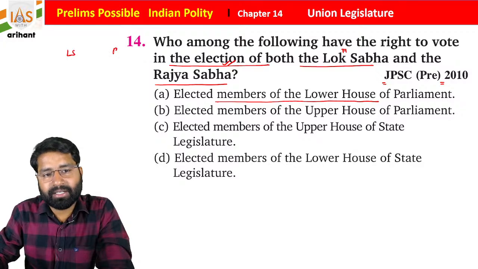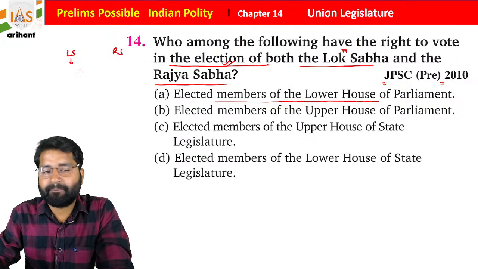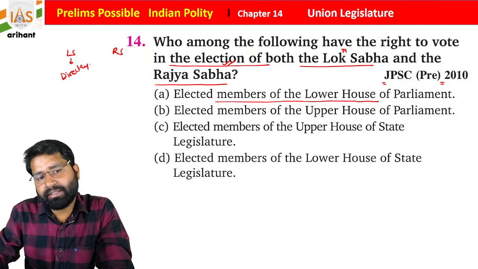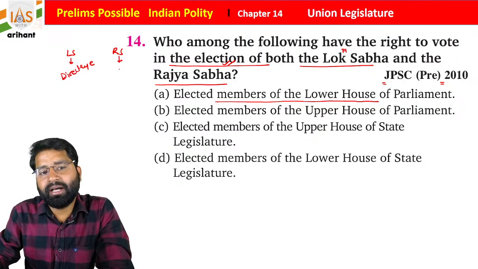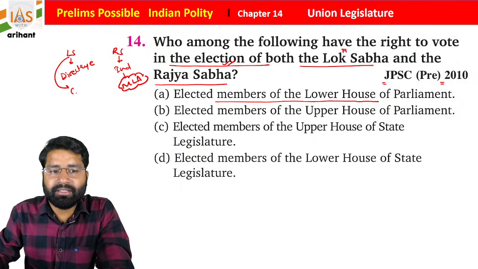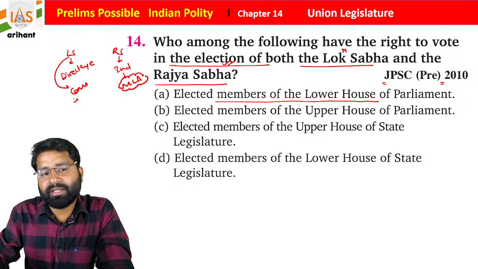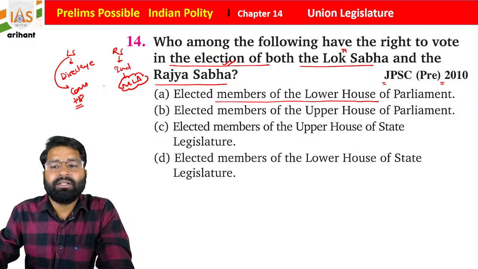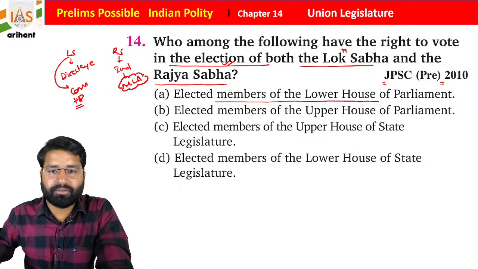Now your concept is required. Lok Sabha members are directly elected and Rajya Sabha members are indirectly elected by whom? By members of the Legislative Assembly of the State. And Lok Sabha is directly elected by common citizens who are 18 plus. Okay, so just opt for the correct one.